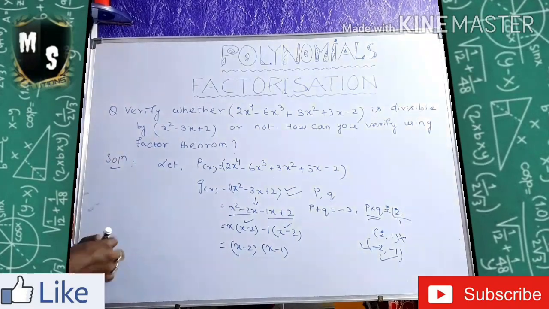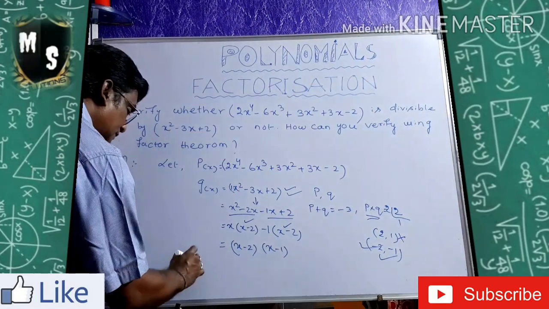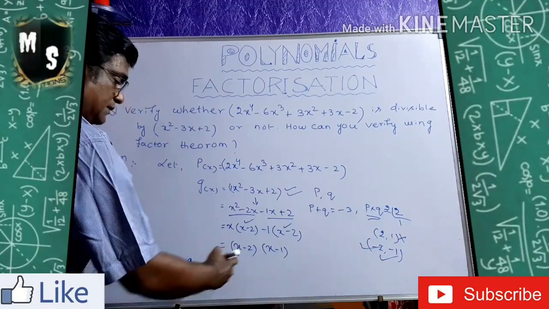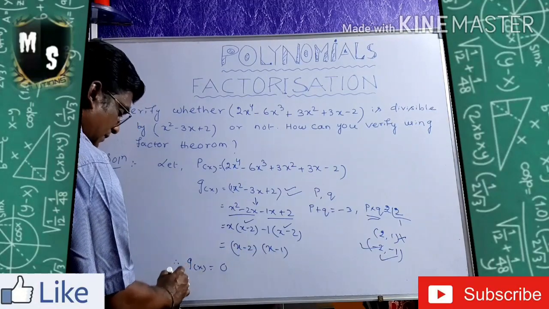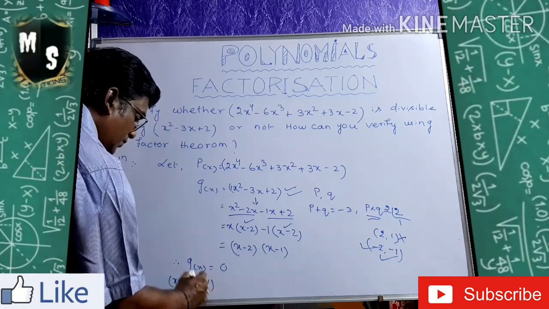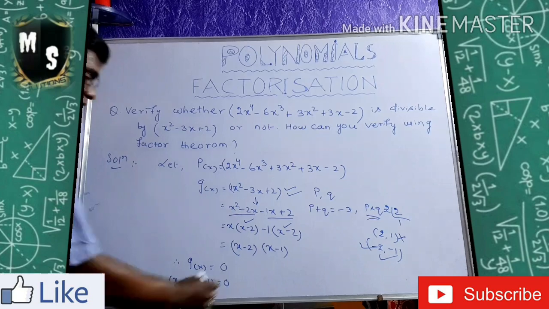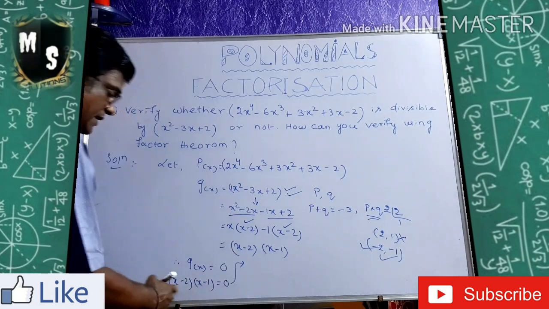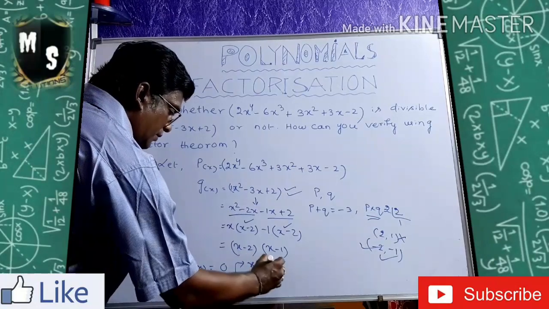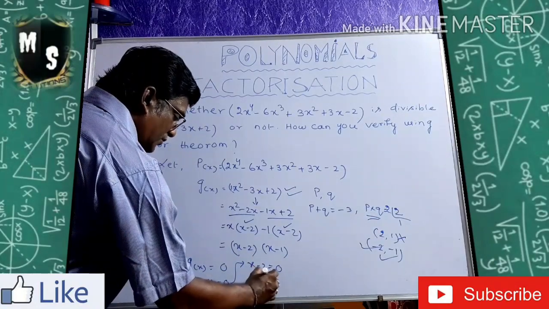You have to say, therefore, if g(x) is equal to 0, then what is g(x)? x minus 2 into x minus 1 equal to 0. That implies, see now what is happening? x minus 2 equal to 0, x is equal to 2.